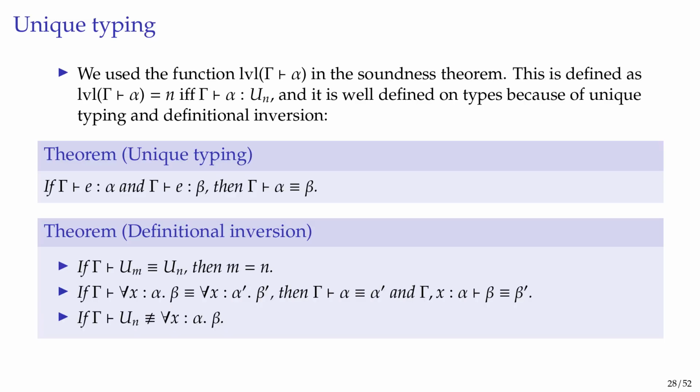There's one interesting property that I'll get back to in a bit, which is called unique typing. So if E has two types, alpha and beta, then those types are definitionally equal. You also get these definitional inversion rules that say that if U_M is definitionally equal to U_N, then M and N are equal. If two for-all types are definitionally equal, then their parts are, and so on.